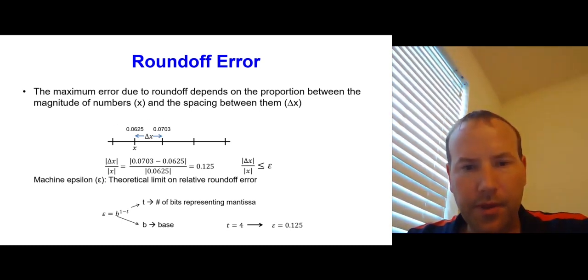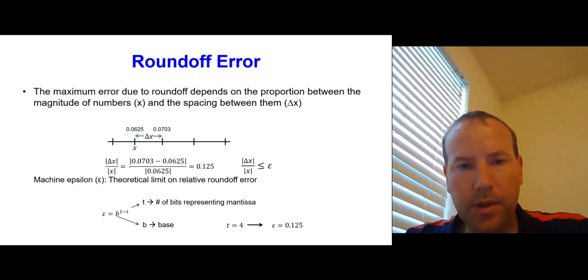And so the relative round-off error you can get in this system is given by the ratio between the distance between marks and the smaller number, like this. And so you can subtract that and divide, and you see that the maximal round-off error that you get is 0.125 when making this comparison.